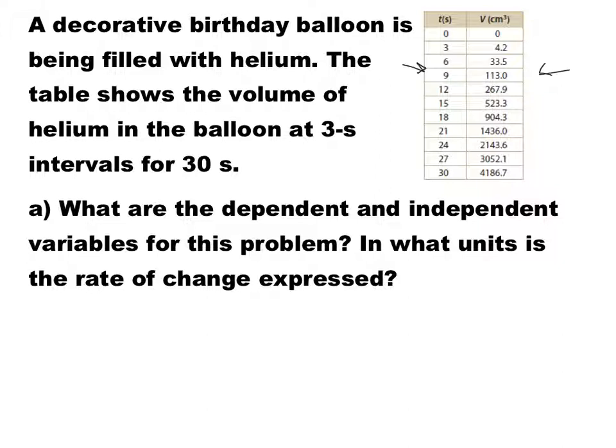And the next question is, what is the unit of rate of change? Remember, the rate of change is the change in the function relative to the change in time. Now the function is volume, so the unit of rate of change is cubic centimeter per second.